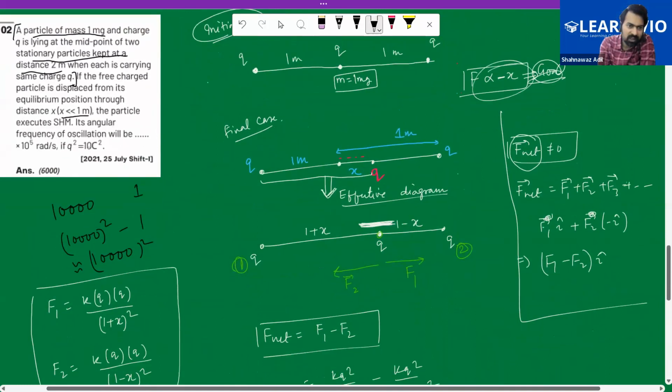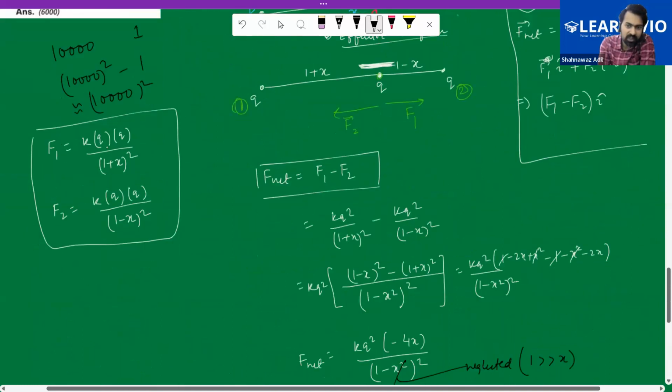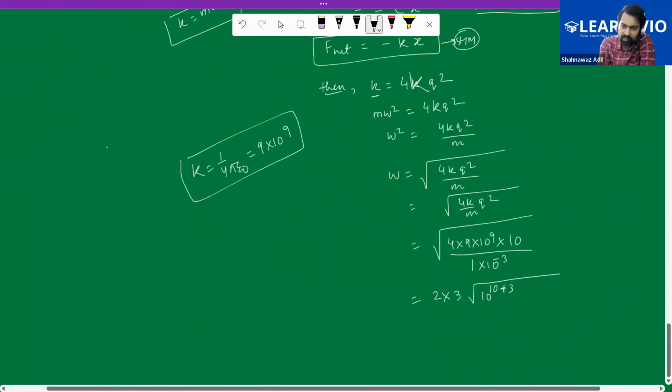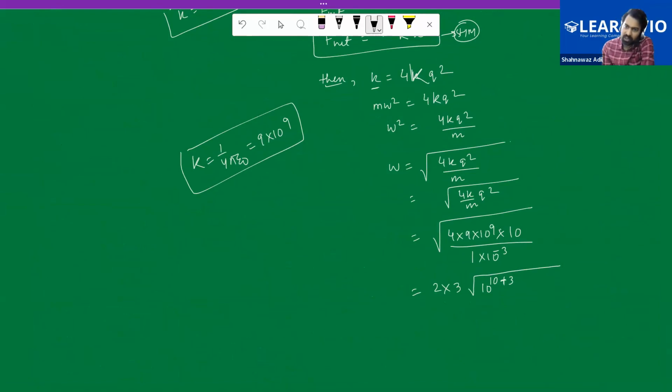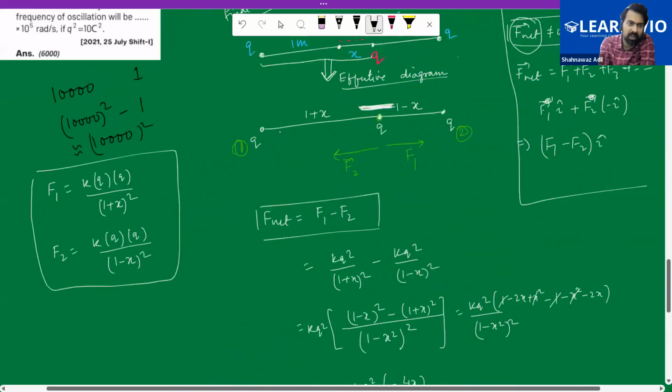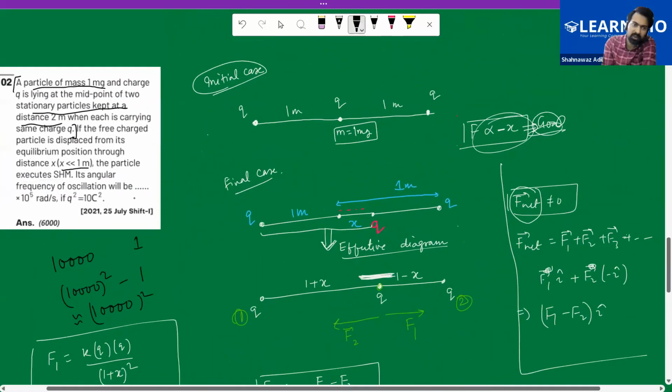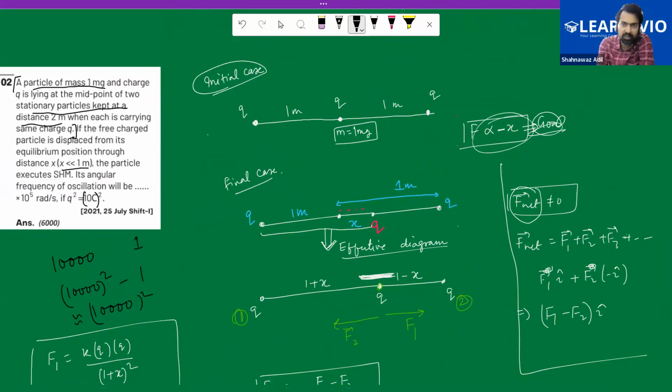Is this 10 square? If it is 10 square, then this is 10 and then this is 30. I guess this should be 10 square. I don't know why they have written it like this, but this should be 10 C whole square, right?